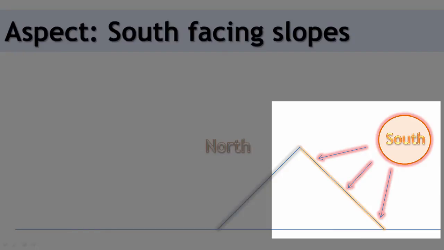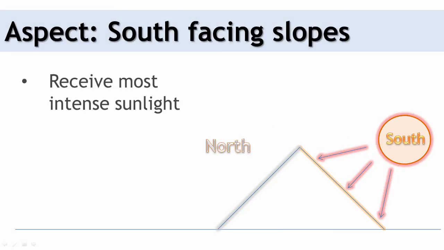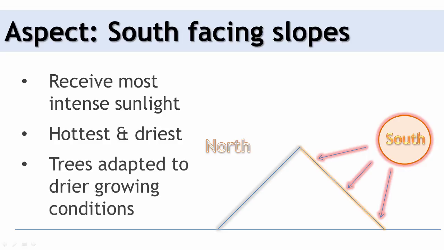South-facing slopes receive the most intense sunlight. Based on aspect alone, they have the hottest and driest growing conditions. These sites tend to be less productive and are generally composed of trees that are adapted to drier growing conditions.